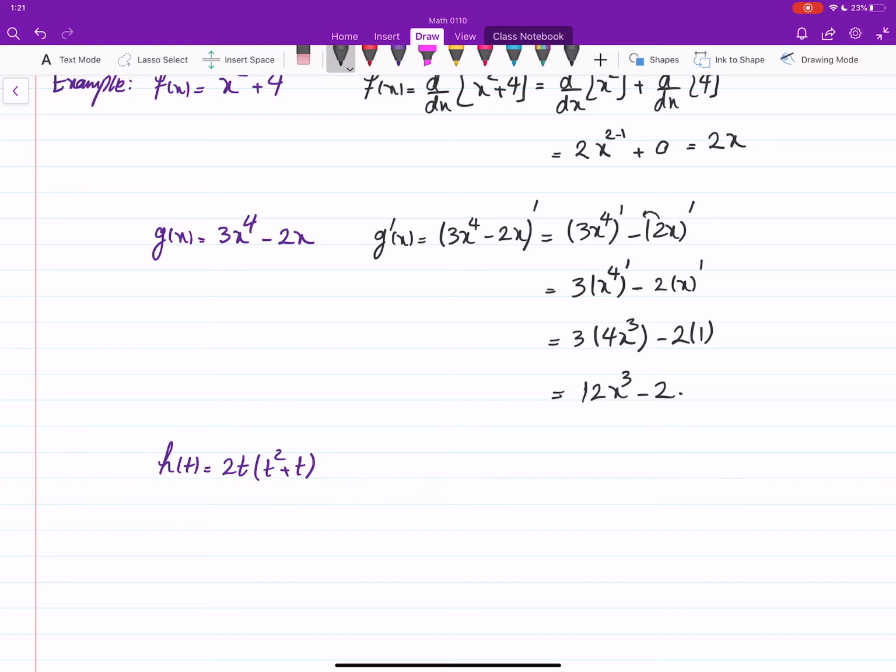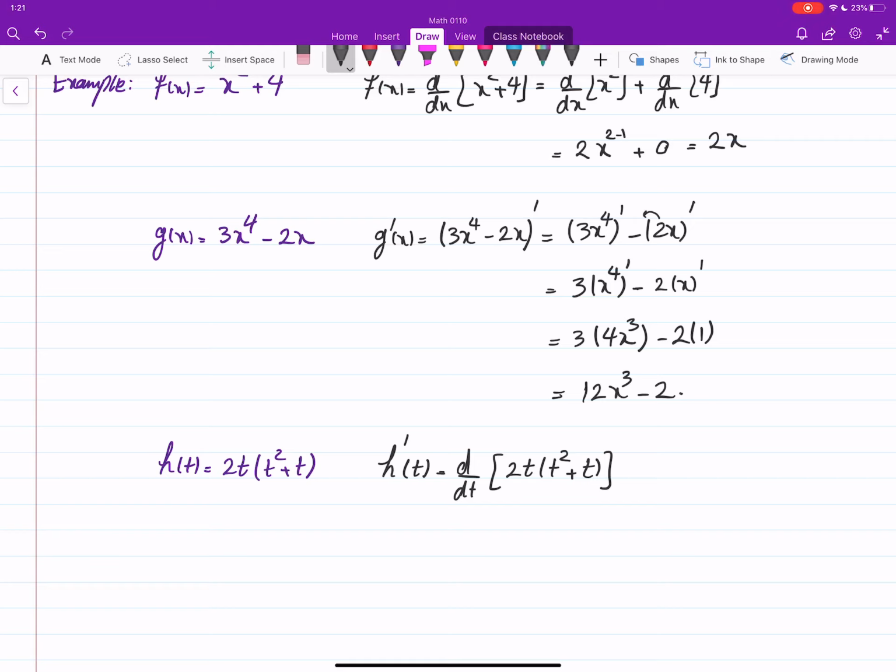We are trying to find the derivative, but the function is in terms of t, so everything you replace x's by t. When you want to differentiate this function, right away you notice that there's a product here. I don't know yet how to differentiate a product of two functions. Again, yet. We will learn it.